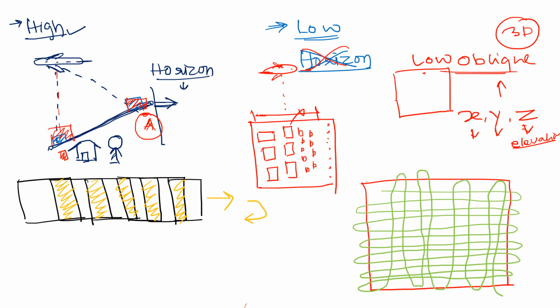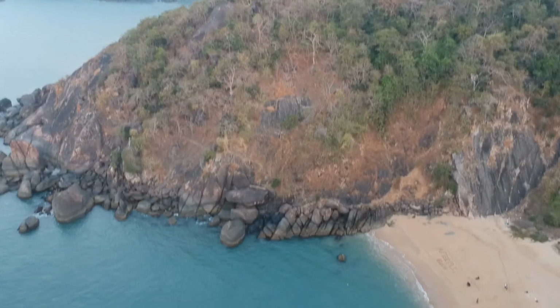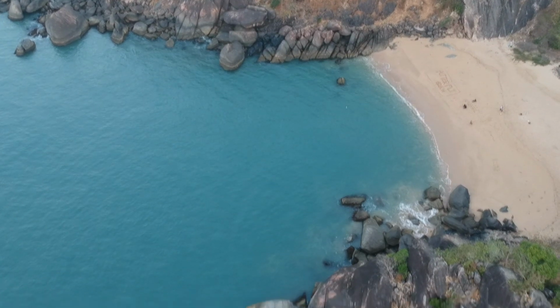So in every photograph, this part will be repeated again. This helps us get the side lap of the area, and this is how a 3D image will be created. These 3D images are further used for many purposes, which we'll see in the successive classes.